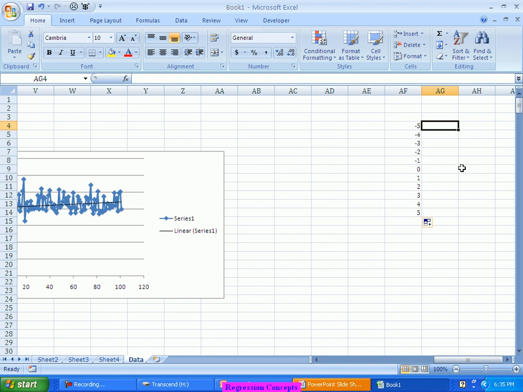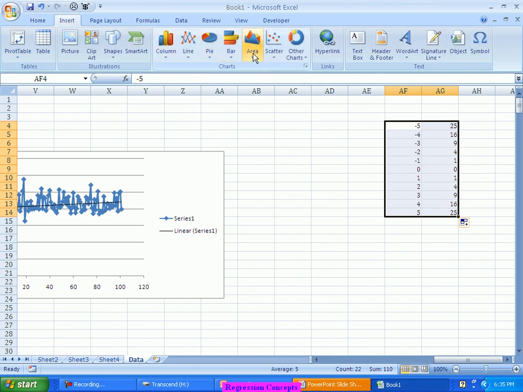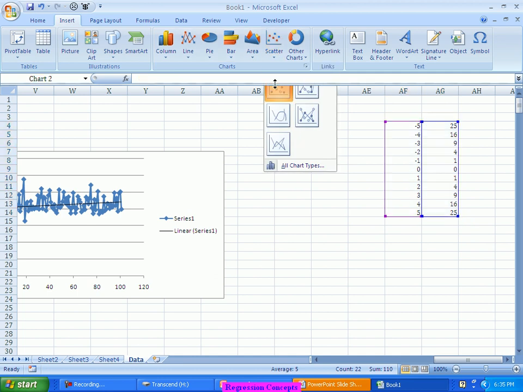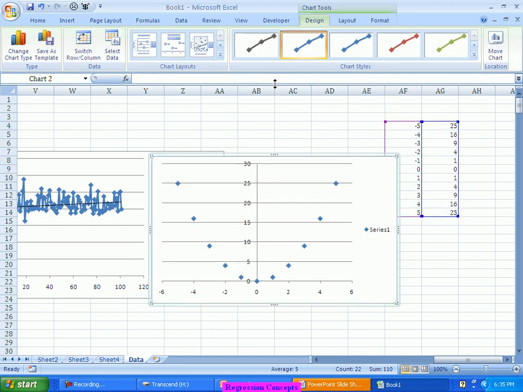Let's say I take the square and try to plot a scatter plot between these two. You see the graph comes out more like a parabola.